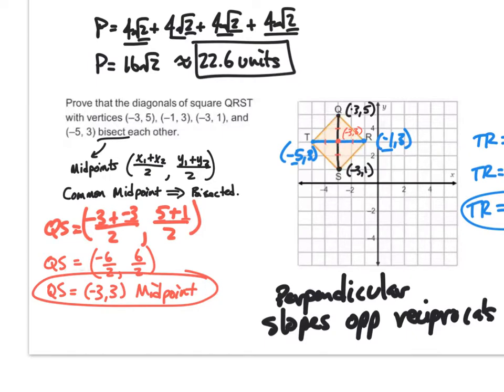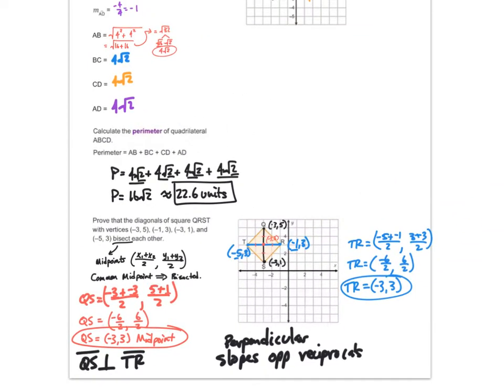Therefore QS is also perpendicular to TR. So if the diagonals are perpendicular and they share a common midpoint, then they are perpendicular bisectors. And that's the idea. All right, let's go ahead and take a look at the next page, the last page.